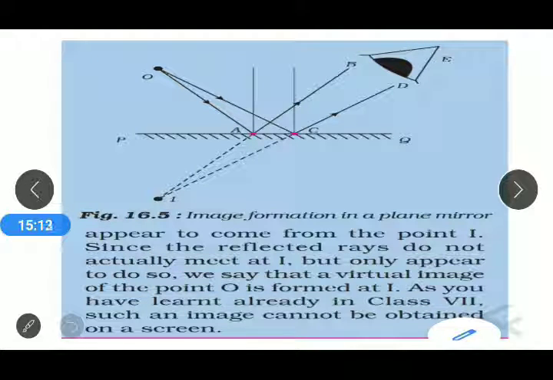After we take that point object, two rays are coming. These are called the incident rays from this point object.